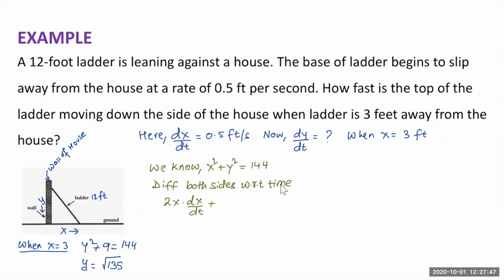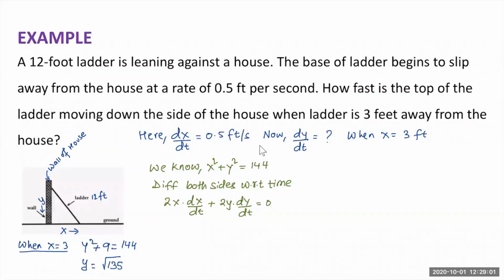Then plus, if you differentiate y squared with respect to time, just like x squared, you use the power rule. So it will be 2y times dy over dt, change in y with respect to time, equal to, here the derivative of the constant will be 0.